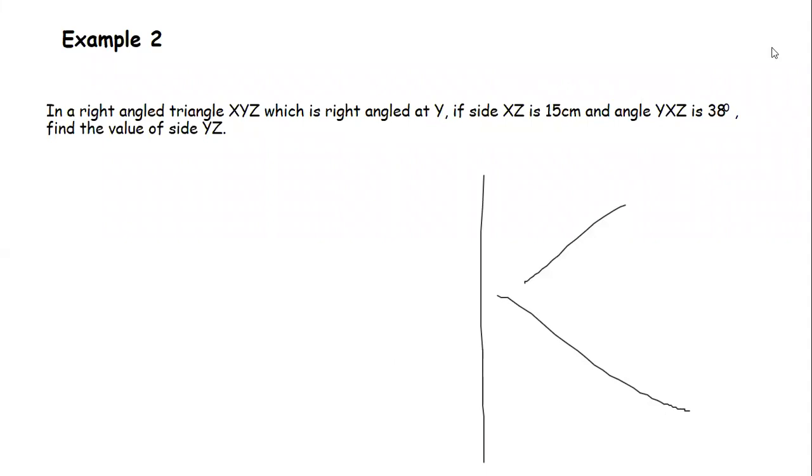We're told that there is a right-angled triangle, and in that right-angled triangle, our right angle is at Y. We were given that side ZX is 15 centimeters and angle YXZ is 38 degrees.